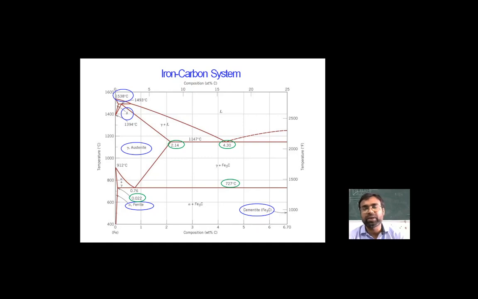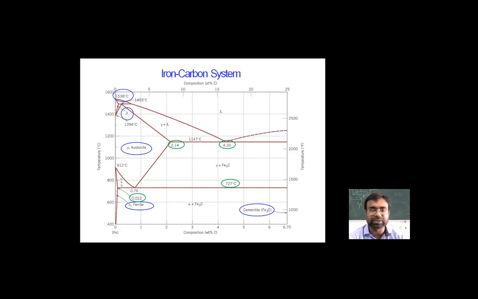In the diagram that we discussed earlier, we saw that with respect to the temperature and the composition range, the iron carbon system is transforming and providing solid materials, and those solid materials have different tendencies regarding their composition and their making.